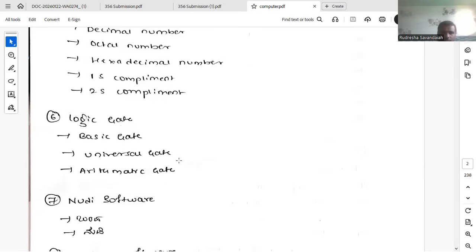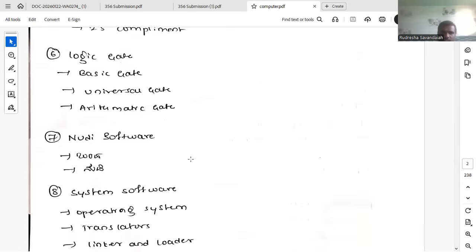In logic gate, basic gate, universal gate, and arithmetic gate. In NUDI software, there are two types: one is Baraha, another one is NUDI.